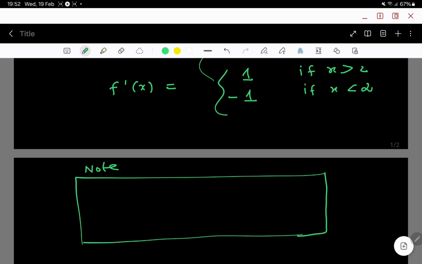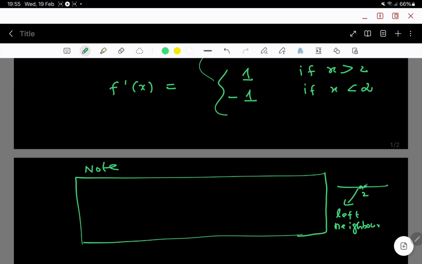Left hand derivative means left side of 2. It means less than 2, we take the value very close to 2 on the left side. Okay. That is left hand value. For example, I am taking 2 here. This is the left neighbor. Okay.